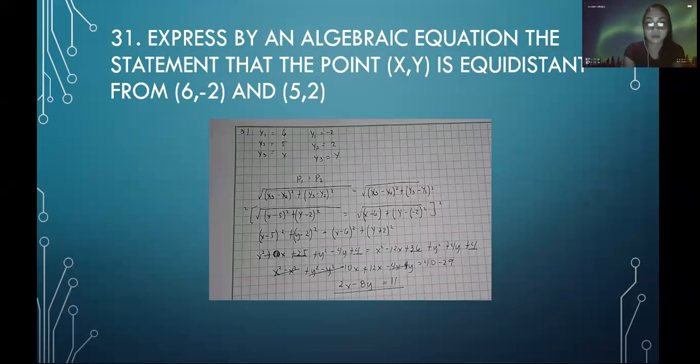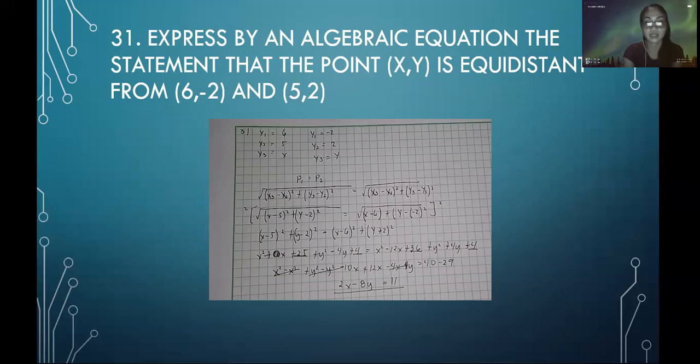So x squared minus 10x plus 25 plus y squared minus 4y plus 4 equal to x squared minus 12x plus 36 plus y squared plus 4y plus 4.